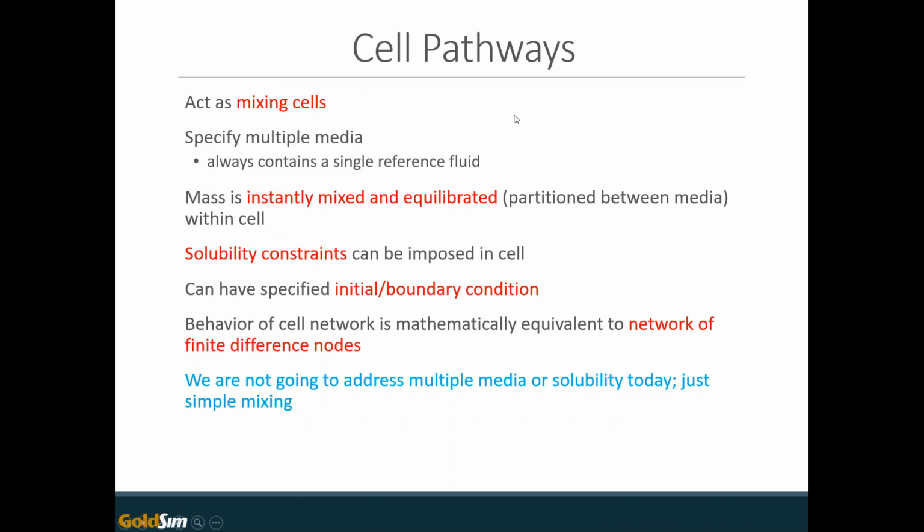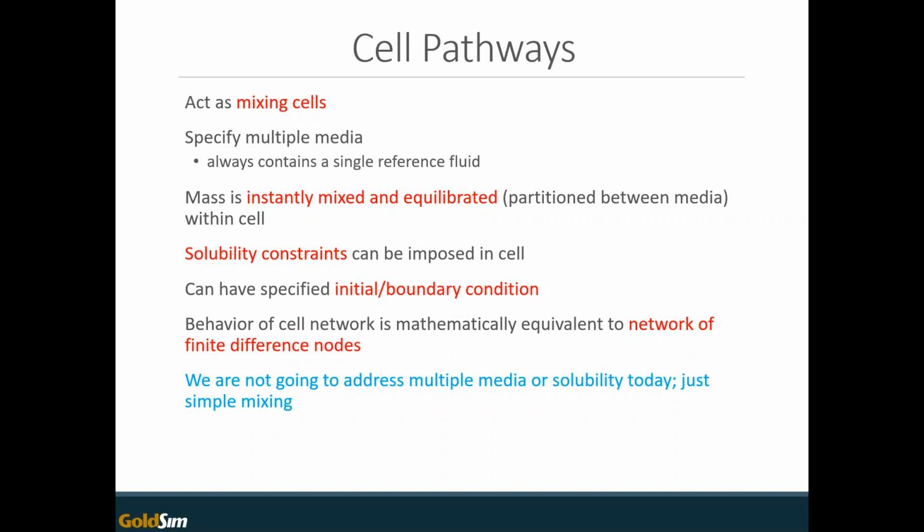So a cell pathway is the simplest of the pathways, but probably the most powerful of the pathways. A cell pathway is a well-mixed cell. What this means is it's like a tank. Any mass that goes into this pathway is instantaneously mixed throughout the pathway. It's not discretized. It's all mixed within that pathway.